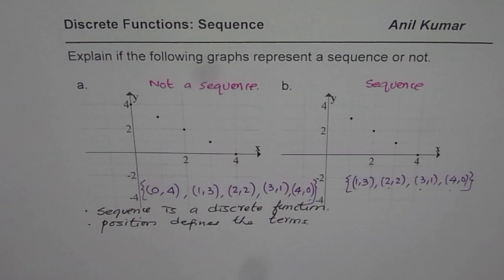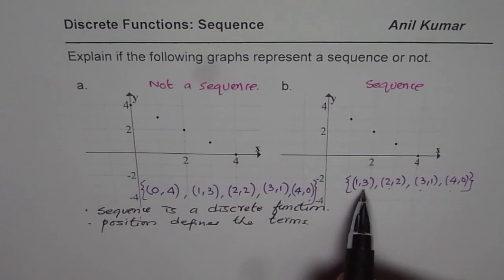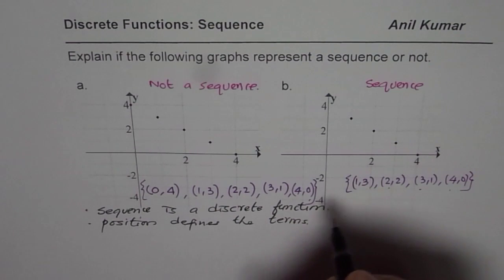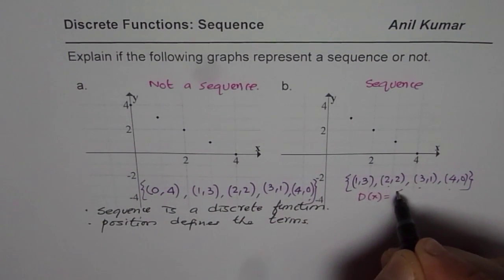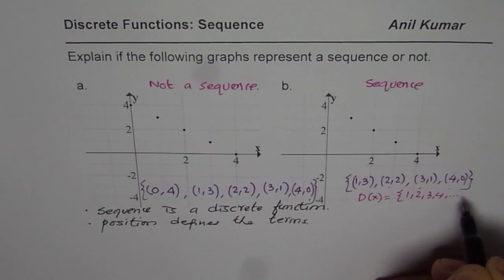Now what makes the second one a sequence and the first one not a sequence is still to be answered. What is the main difference? Well, when we write a set like this, can you tell me what the domain is? The domain in this case is all the x values, and the domain here is 1, 2, 3, 4, and so on, correct?